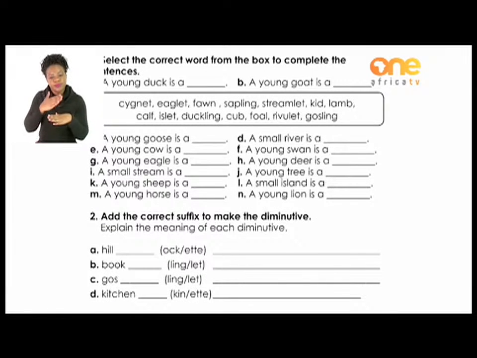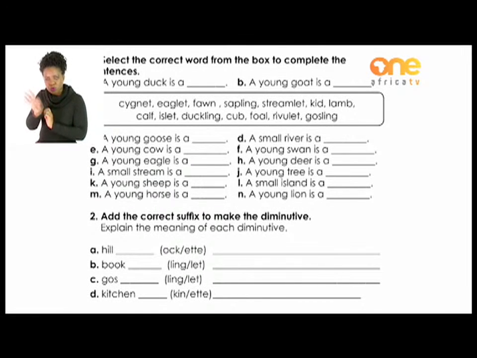And then activity 2 on the same page, it says, add the correct suffix to make the diminutive, explain the meaning of each diminutive. For instance, we have hill. Do we say hillock or hillet?